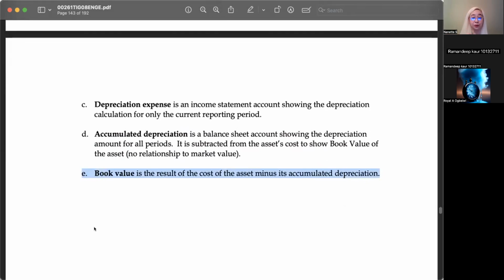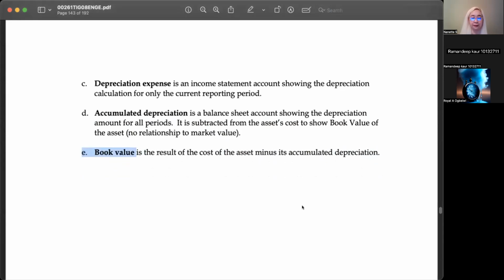So a book value is the result of the cost of the asset minus, or you have to lessen its accumulated depreciation. So like for example, again, if you bought a car or a vehicle at 10,000 and then the depreciation is say 10%. So 10% of 10,000 is 1,000. So the book value then would be 9,000.